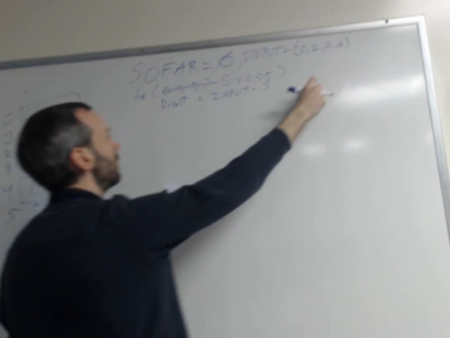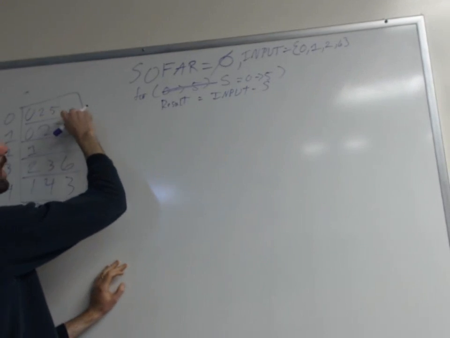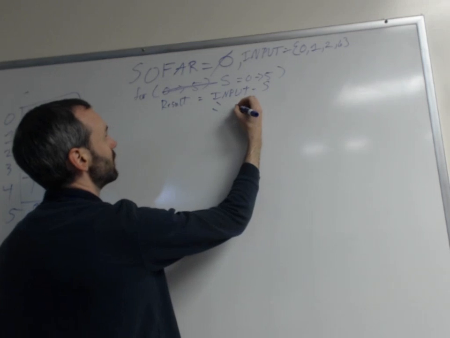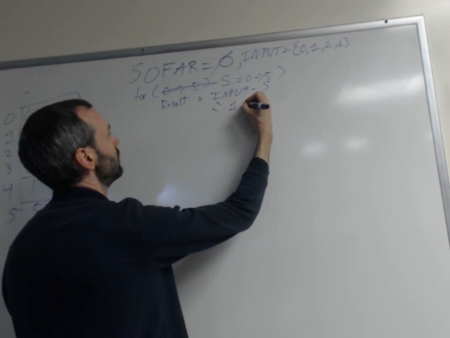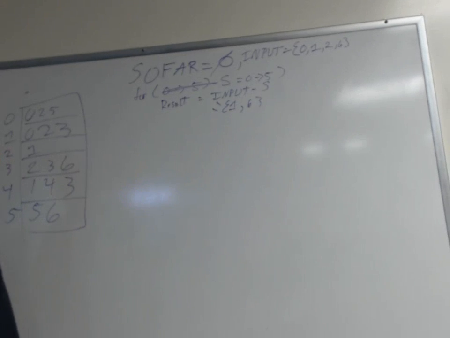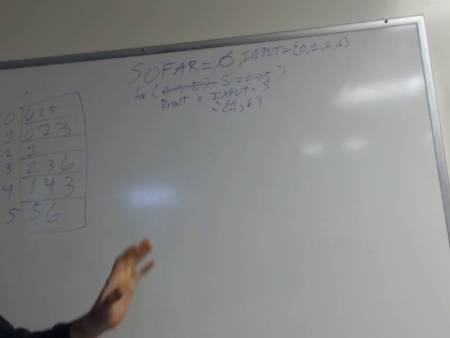So input is 0, 1, 2, 6 minus 0, 2, 5 is just going to equal, what do we have? 0 is taken out, we still have 1, 2 is taken out, so we'll have 6. I erased some extra students, that's okay. We don't actually care about that right now. Result is 1 and 6.